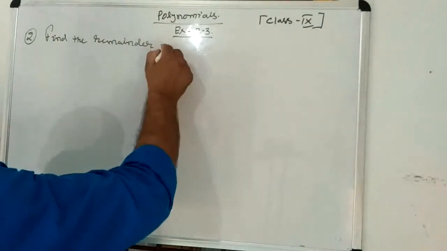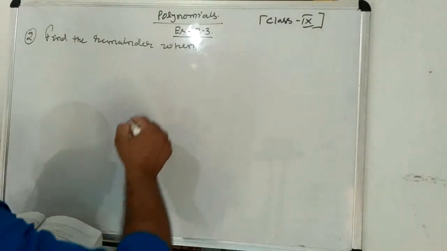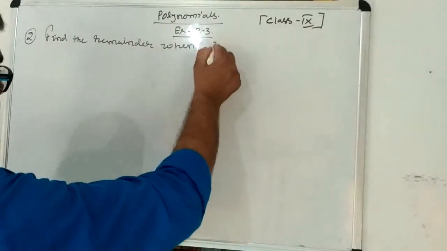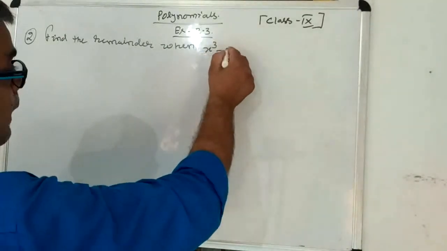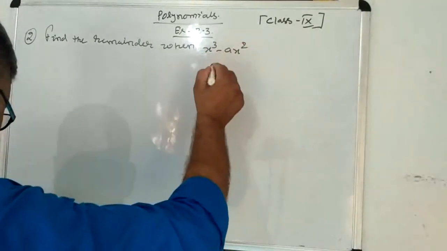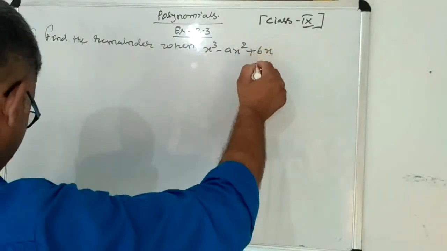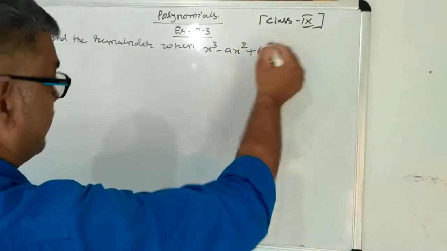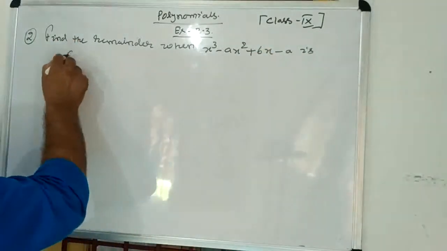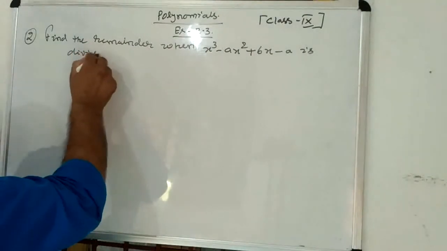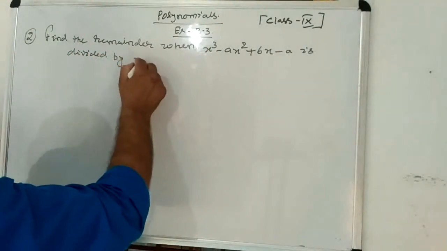when x cube minus ax square plus 6x minus a is divided by x minus a.